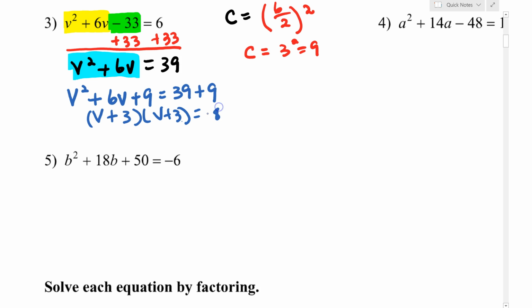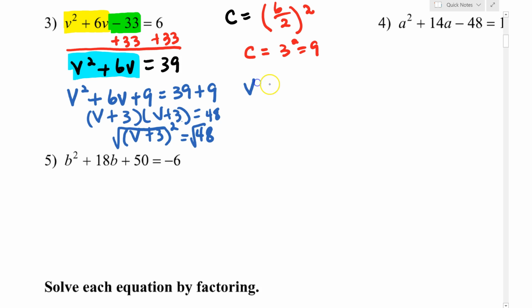So it's 48. So what you have here is (v + 3)² = 48. You can solve this equation by finding the square root of both sides.